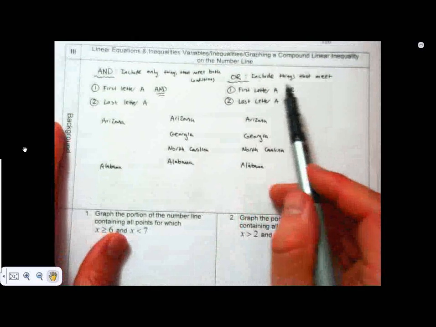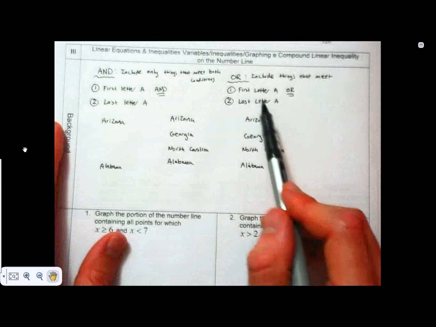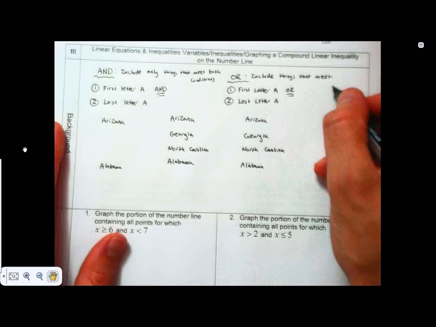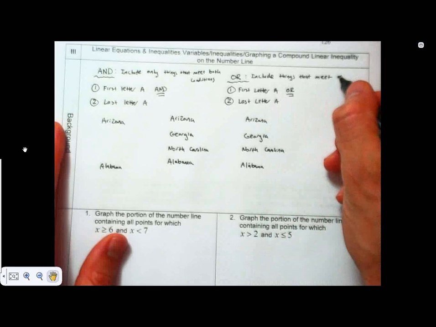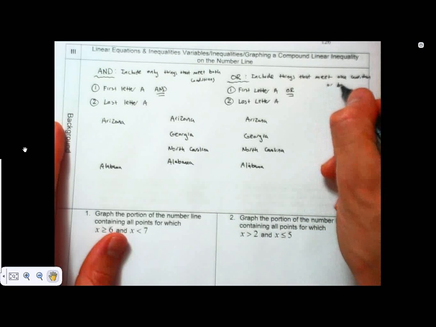Whereas the word "or" means that we're going to include things that don't have to meet both conditions. They can just meet one or the other or both. So "or" means we're going to include things that meet one condition or both.